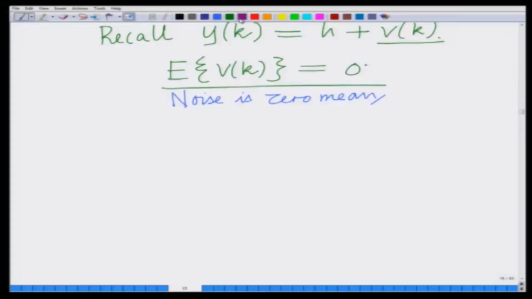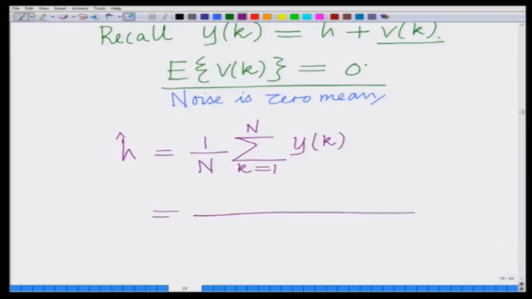h hat is in fact 1 over n summation k equal to 1 to n yk. Now, substituting this expression for yk, remember each yk is h plus Vk.